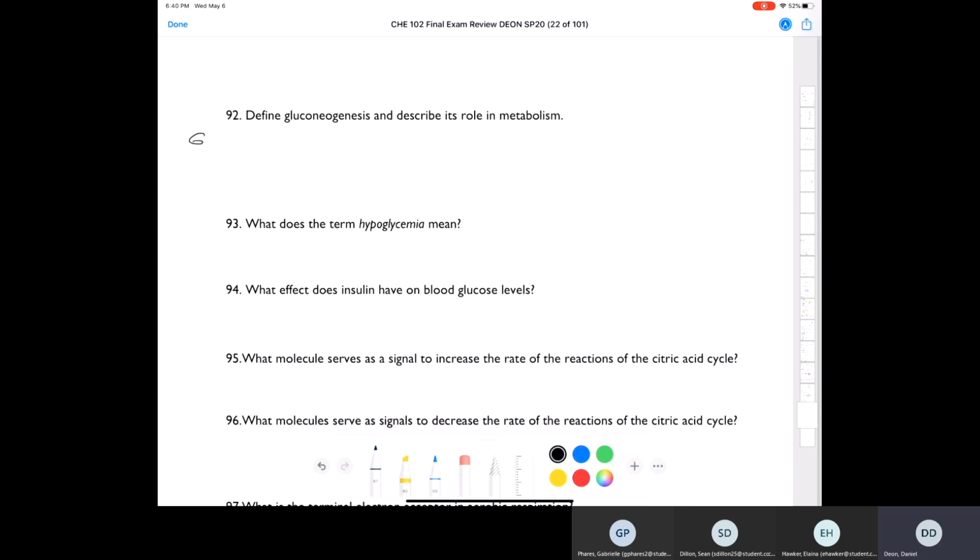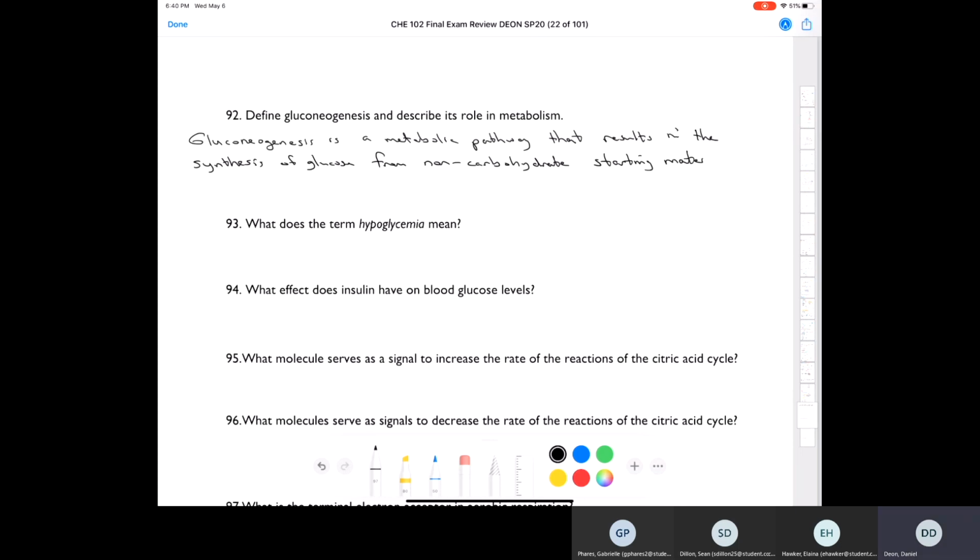Gluconeogenesis is a metabolic pathway that results in the synthesis of glucose from non-carbohydrate starting materials. That's it.